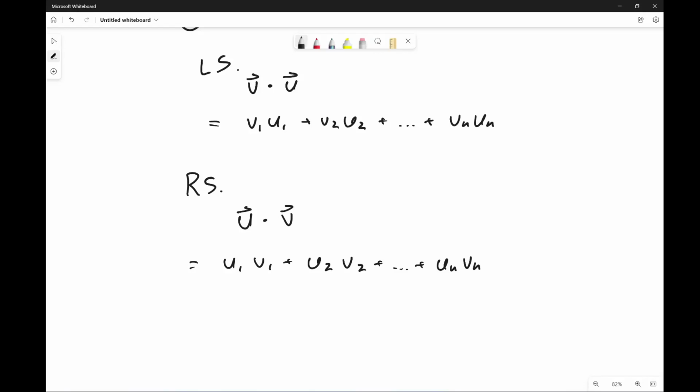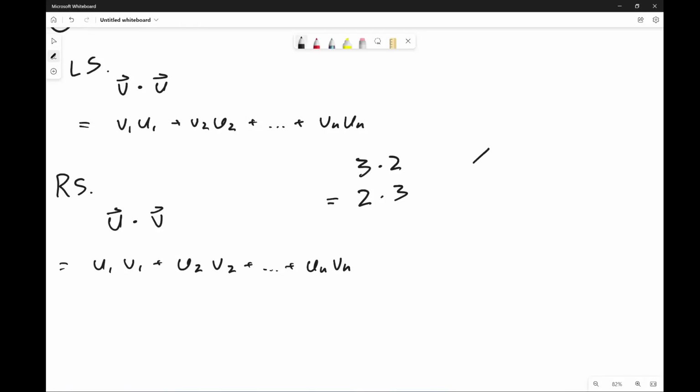And if you need a refresher on what commutative means, it's basically saying that 3 times 2 is the same thing as 2 times 3. Some arbitrary numbers, x, y, which we'll say are both real numbers. xy is the same thing as yx.